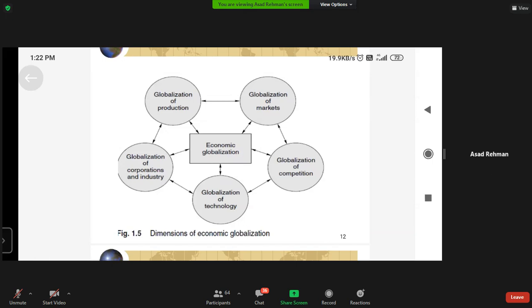It is considered as the test market in which initially they test their products and services, which are subsequently marketed in the international markets.